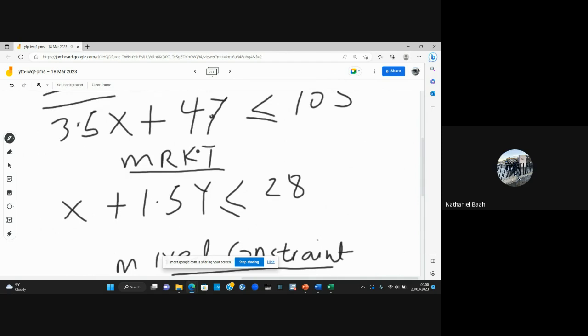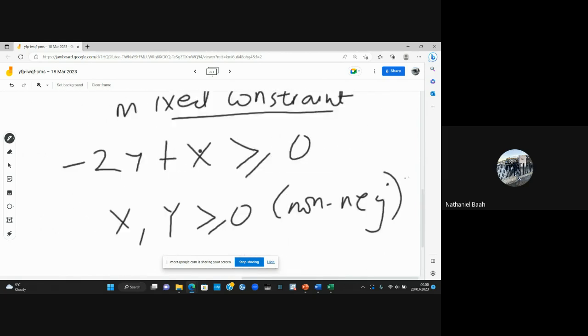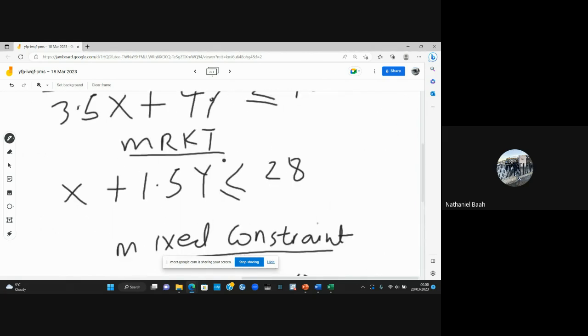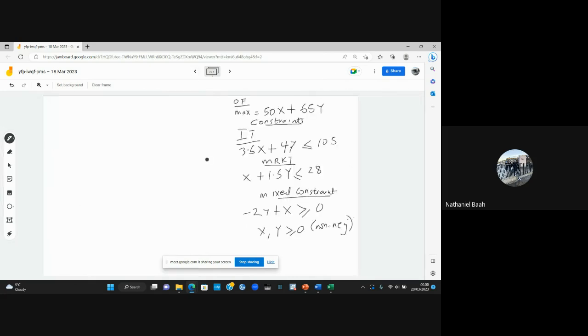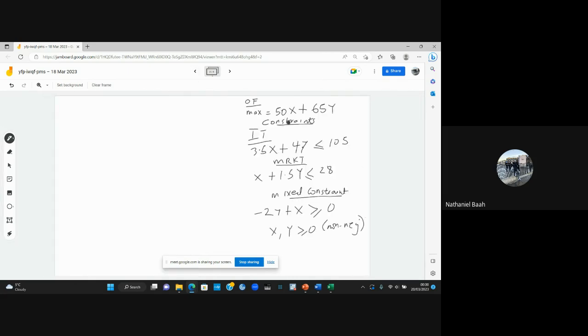Good. So now let's find the intercepts first, because remember from our last episode we learned how to solve these kinds of questions. Given this, we are going to use it to find our optimum point and optimum value. So what we did was we first found the intercepts.